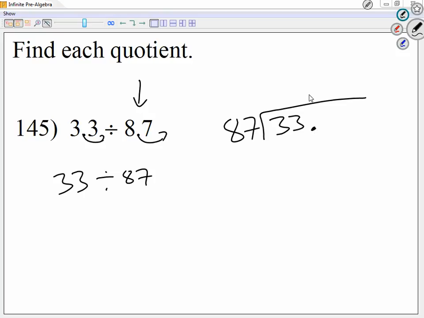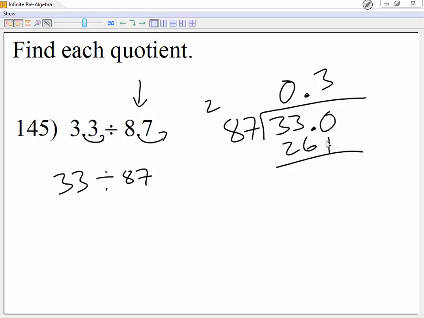When I put my decimal point after the 33, I know 87 does not go into 33 because 87 is bigger. So I'm going to put a 0 there. Now to continue, let me add a 0 here. 87 into 330, I'm going to try 3 times. 3 times 7 is 21, carry a 2. 3 times 8 is 24, plus 2 is 26.